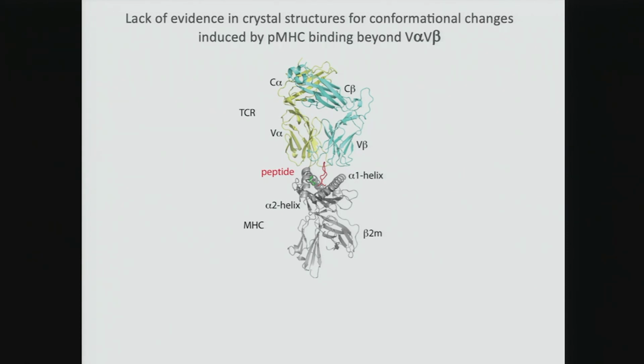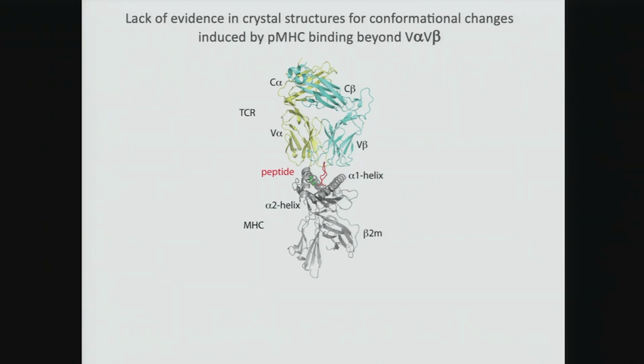People were expecting, by looking at the first structures that started in 1998, I think, Chris Garcia and Don Wiley, they published these first structures of TCR complexes with peptide MHC. In some cases, people were obtaining a structure of unbound and bound receptor, and they looked for whether there was any change in structure upon binding that was behind the variable regions.